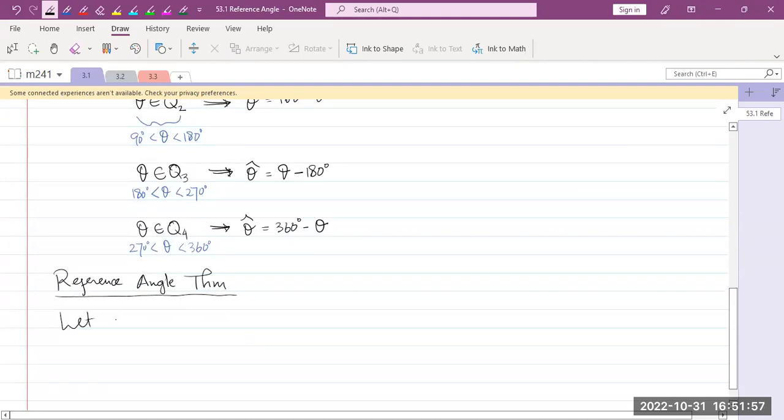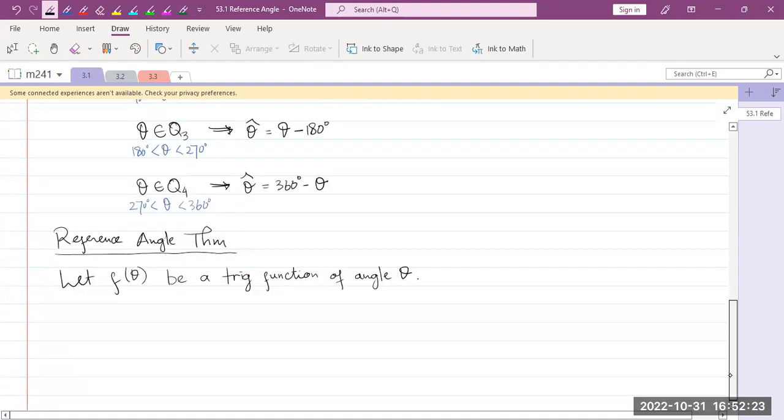Let f be a trig function, a trigonometric function, either sine, cosine, tangent, cosecant, secant, or cotangent, of angle theta. Then the trig function of the reference angle must be the absolute value of the trig function of that theta.